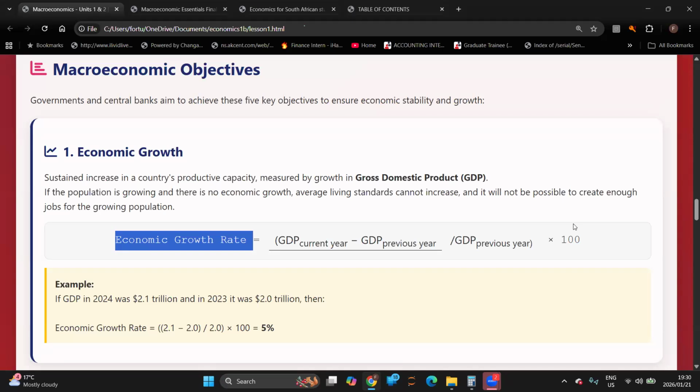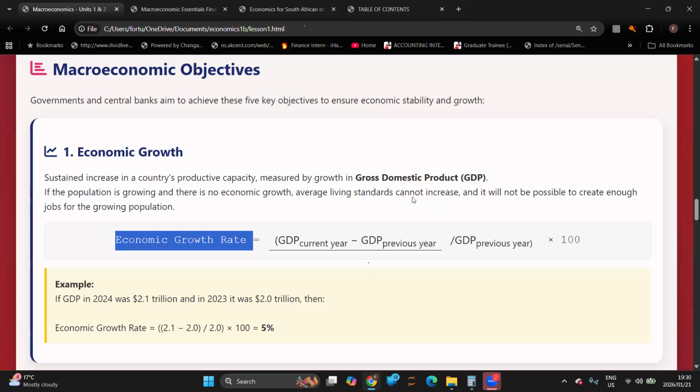If the economy is not growing as much as the population, that creates a long-term problem in the future, because resources are no longer enough, and you're now competing for the little that is available within an economy. So that is number one.